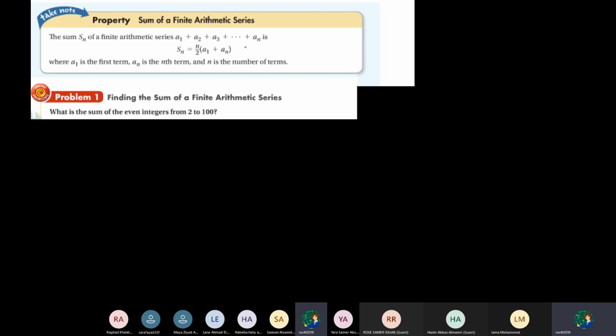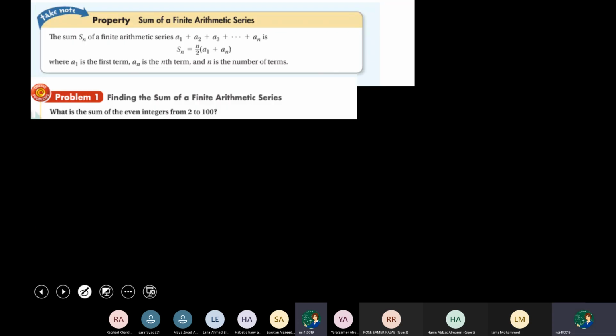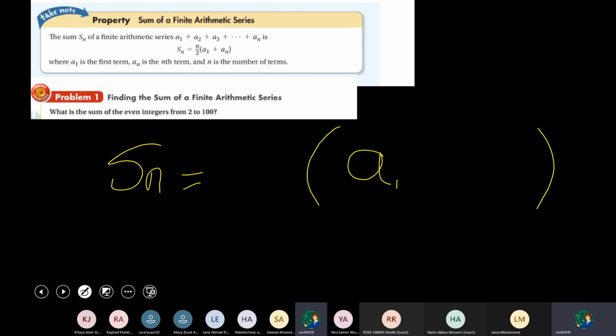Like by using this formula, S of n. I have to find the first term, which is a sub 1, plus the last term, which is a sub n.